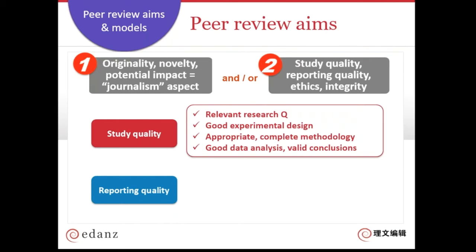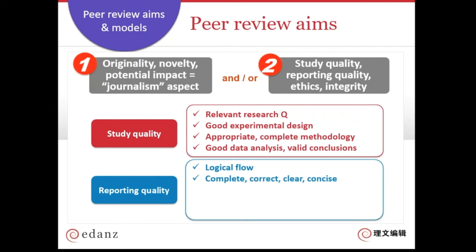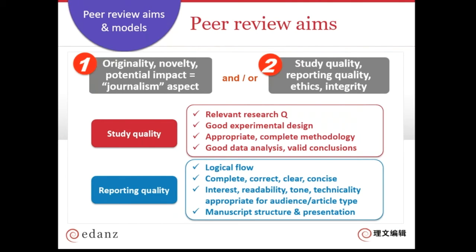They also look at the quality of the manuscript and whether it's logical, the 4 C's: complete, correct, clear, and concise, and whether the work is interesting, has readability, correct tone, technicality for the type of audience, and also the article type in the journal. So do read the journal guidelines. And this might seem minor, but journals don't like it if you structure your paper wrong or format it in the wrong way, including, for example, the reference style.